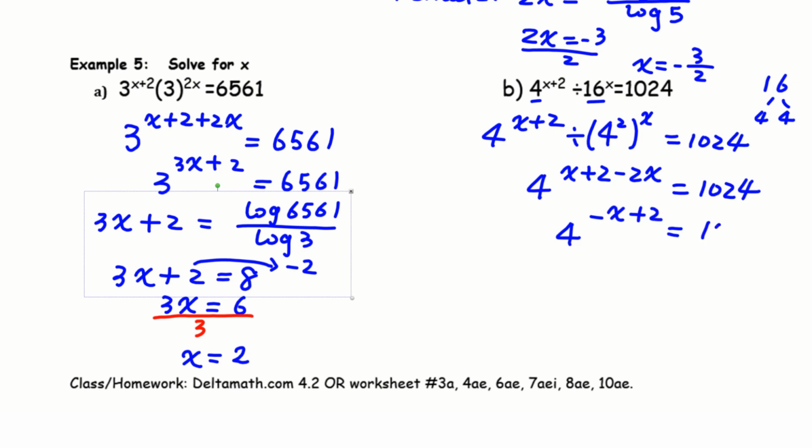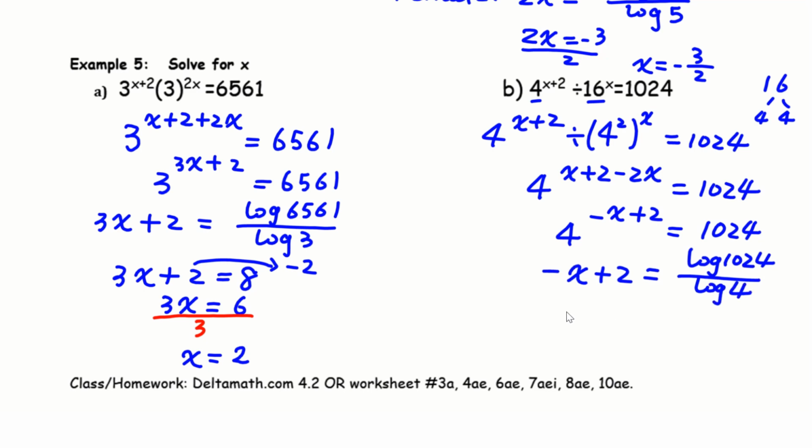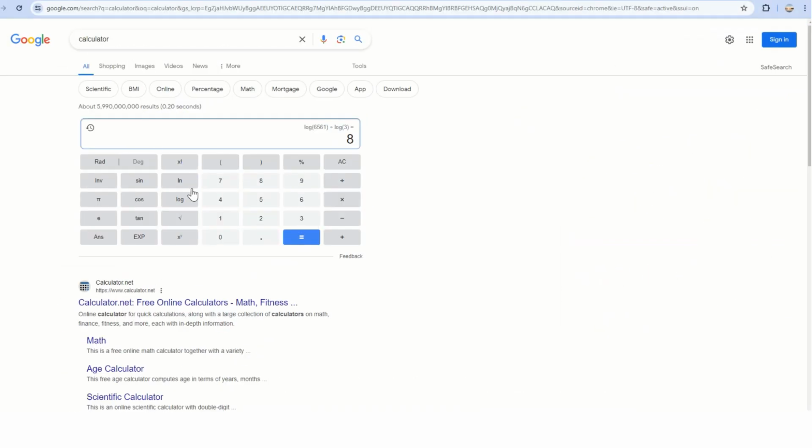Equals 1024. Then exponent equals log power over log base. Negative x plus 2 equals log 1024 divided by log 4, which equals 5.